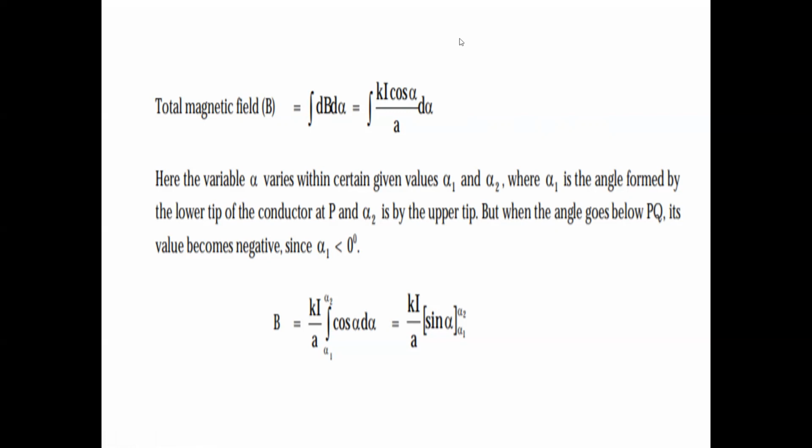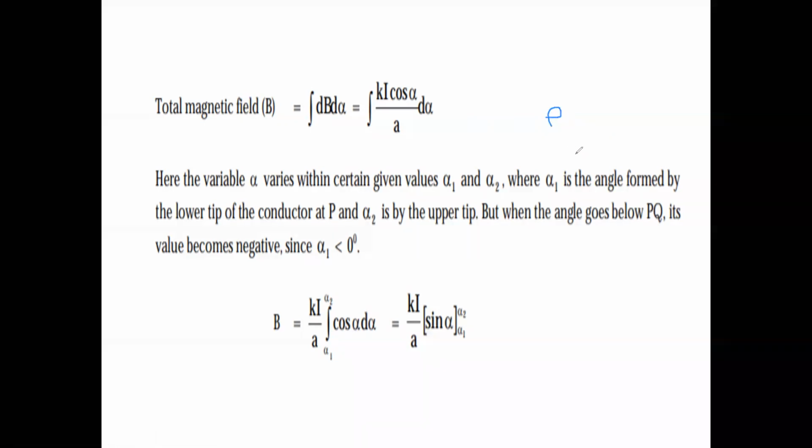For example, this is the point P and it is the smallest length dl. This is the bottom of the length and this is the top of the length.